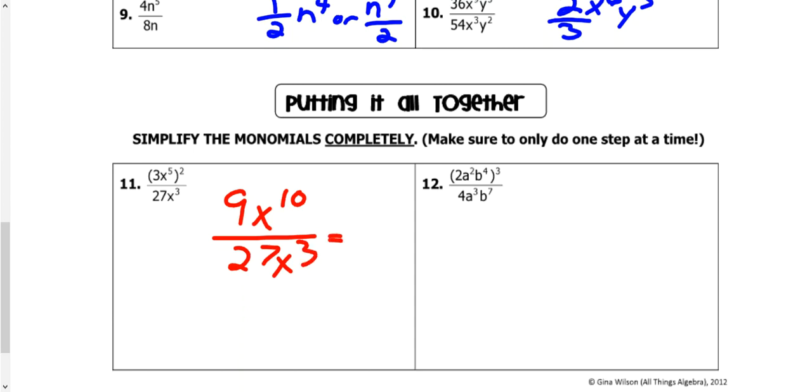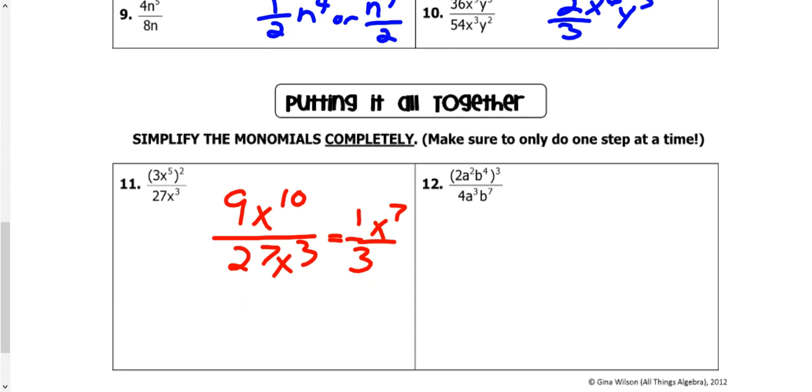And then when we simplify that, 9 divided by 27 is a 3, or 1/3. And then x to the 10th divided by x to the 3rd, we subtract those, that gives us x to the 7th. Now notice that it goes up top because it's a positive, so it goes up top.